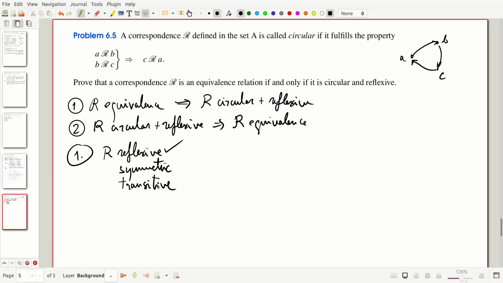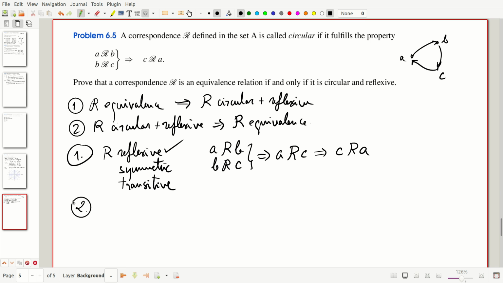Now, if it is transitive, then it means that if A is related to B and B is related to C, then A is related to C. But since it is also symmetric, that means that C is related to A. So if you have this, then C is related to A, and the relation is circular. So that proves the first statement.